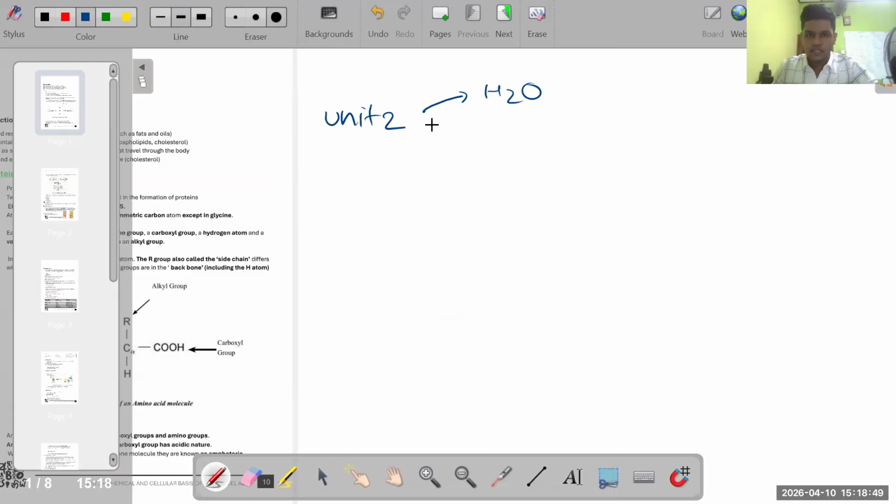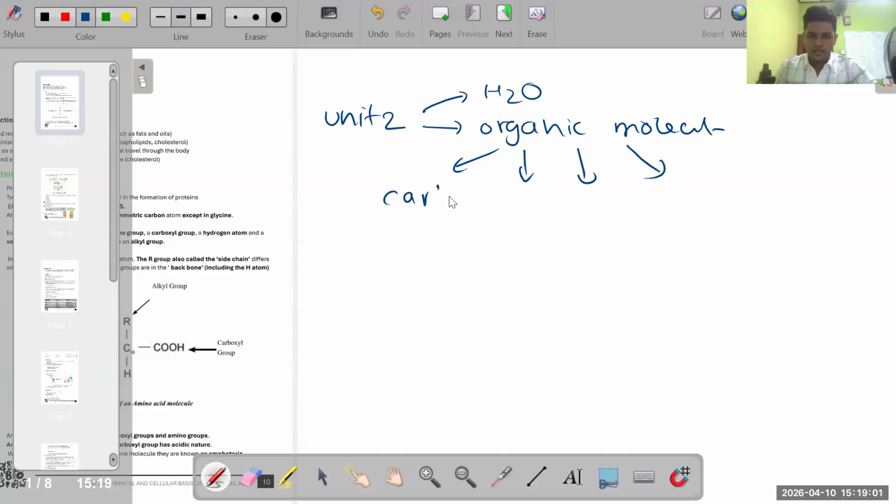Now after water we start a topic which is organic molecules, right? In these organic molecules, what we studied was there are four types in our syllabus. First one was carbohydrates, right? And then we went on to lipids, fats, right?